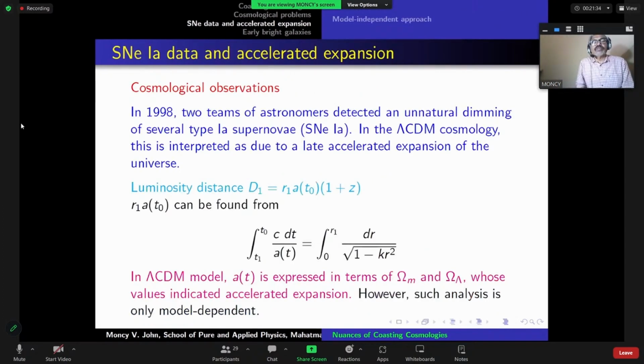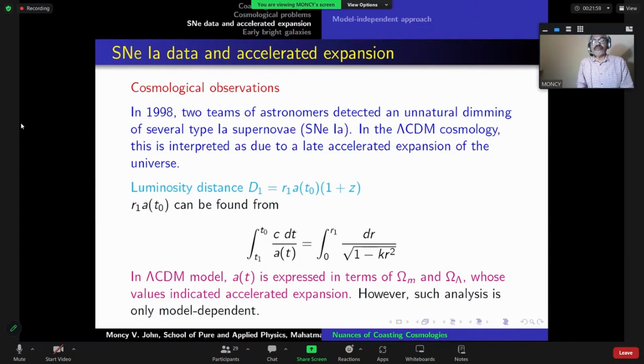Lastly, we consider some cosmological observations. A very important observation is that of the type 1a supernova. In the lambda CDM model, this unnatural dimming of type 1a supernovae is interpreted as due to a late accelerated expansion of the universe.